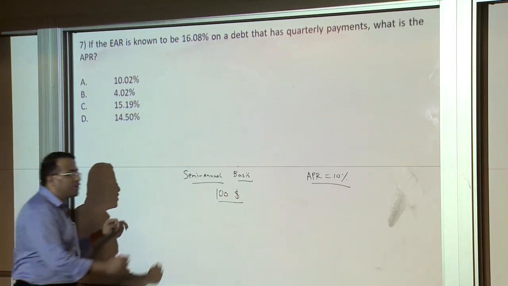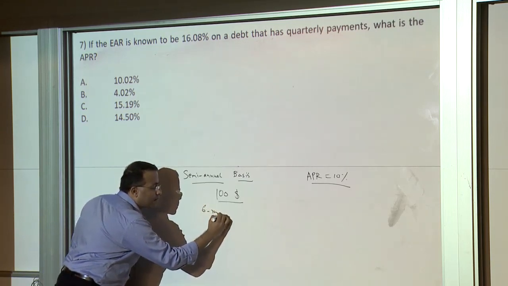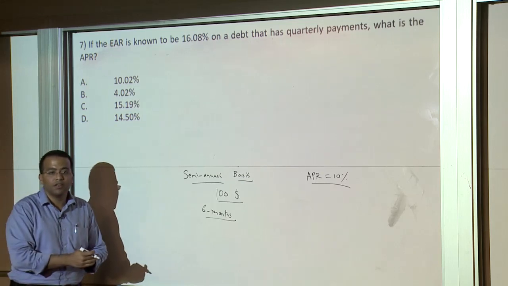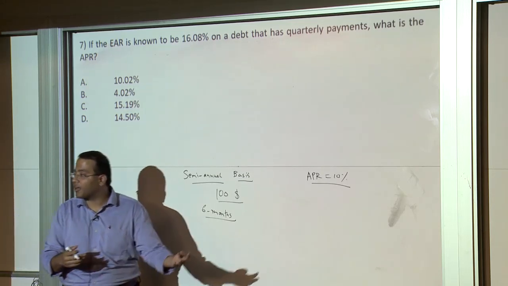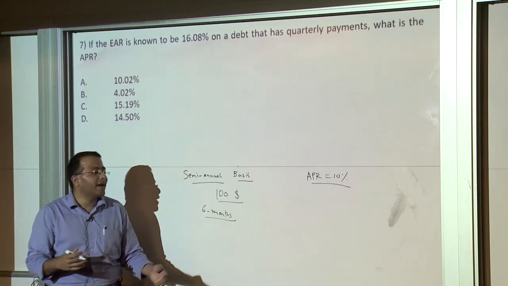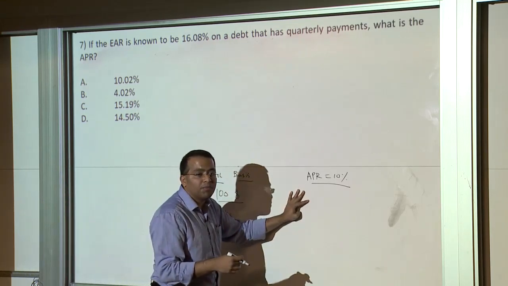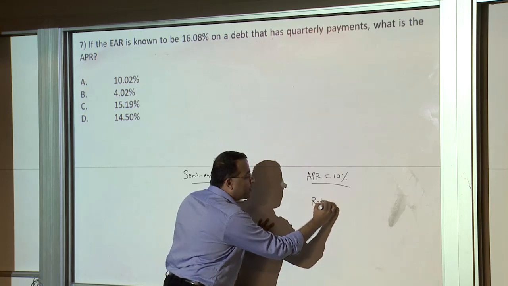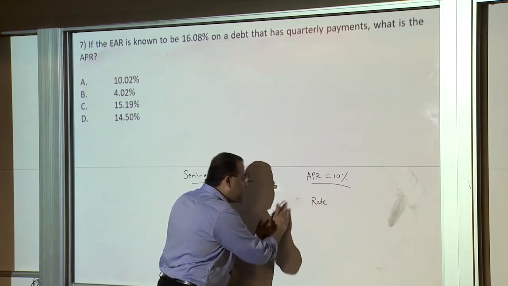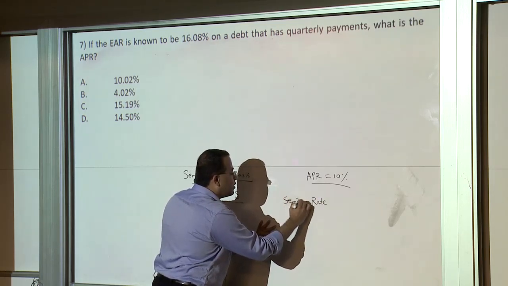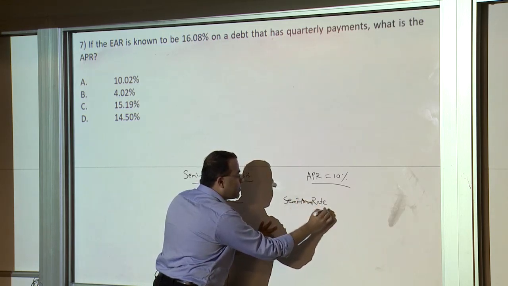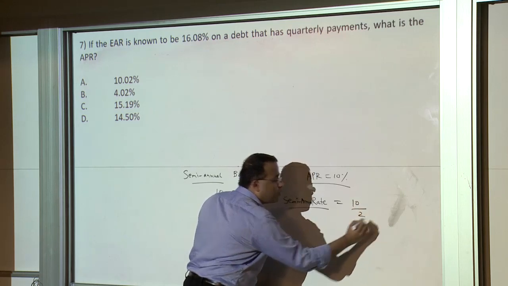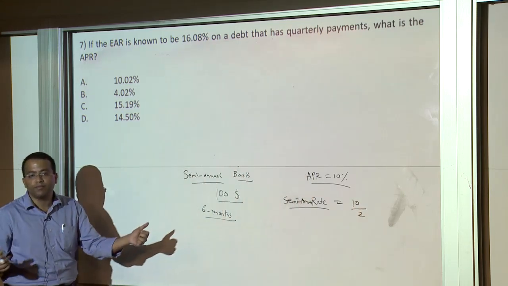At the end of the first 6 months, there's going to be one compounding, and they're going to add some interest to your account. How much? Well, the APR is 10%, but the compounding is semi-annual. So the semi-annual rate, or the rate per 6 months, is simply 10 divided by 2, because there are 2 periods in 1 year.